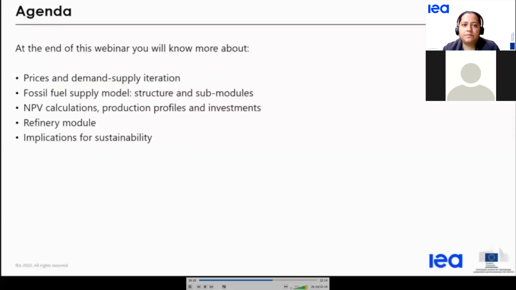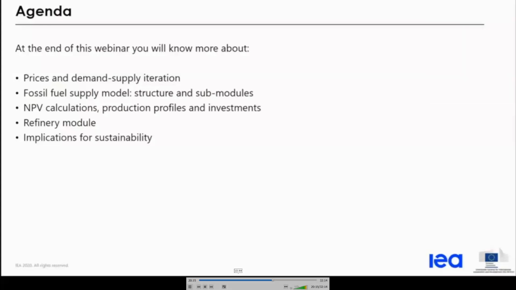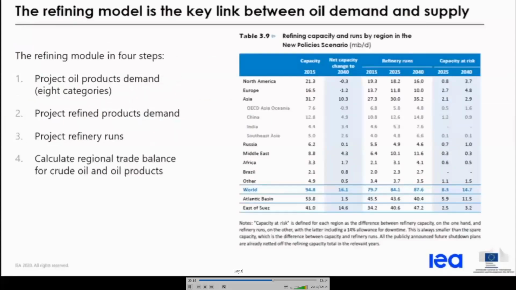In the next section, we're going to detail and step through the refinery module in finer detail. In the refining model, we look at the key link between oil demand and supply. The module itself is broken up into 4 steps. We're going to detail some of these further in the next slide. First, on project oil demand, we carry 8 categories.